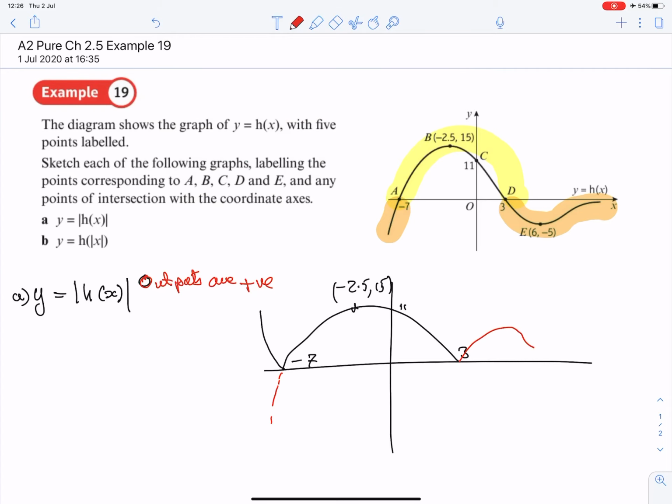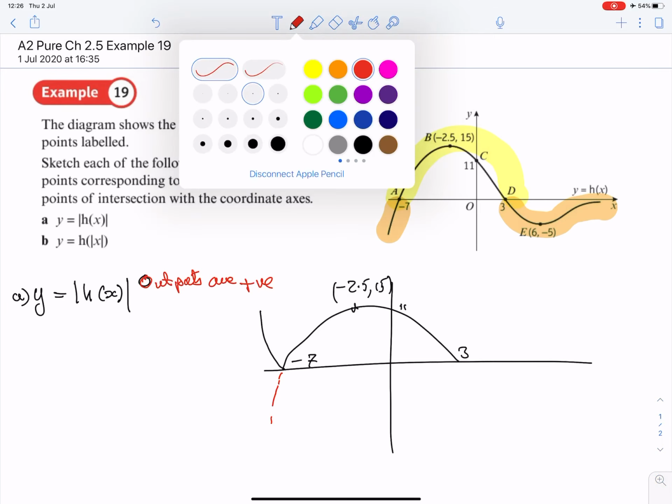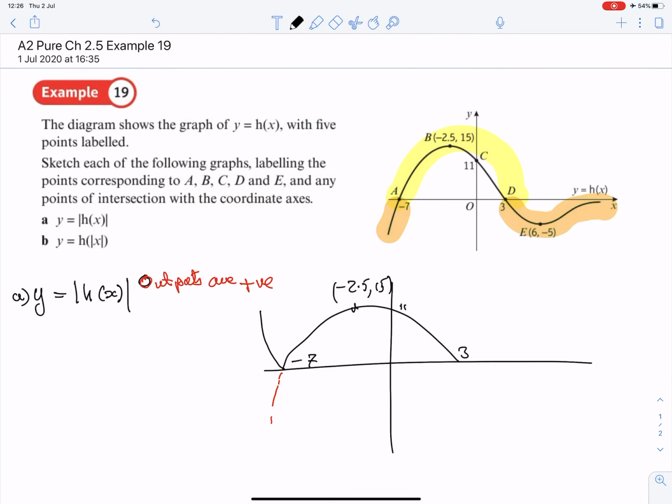I've got the wrong colour on the pen, sorry. So it's going to go up, down, and decay. And this point now, the max here, is 6, 5. X, Y, 0.